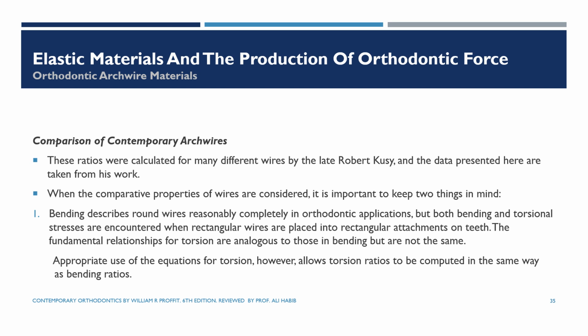However, for rectangular wires, we need to evaluate bending and torsional stresses, not only bending, because of the application of torque using rectangular wire. But the ratios, or the equations, can be used for torsion as well as bending in the same way.